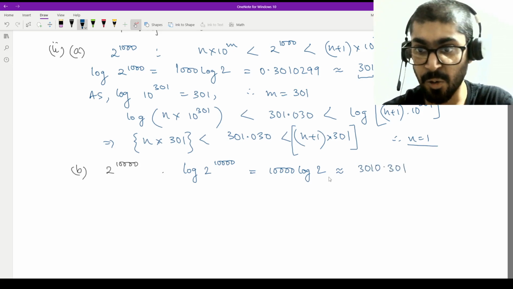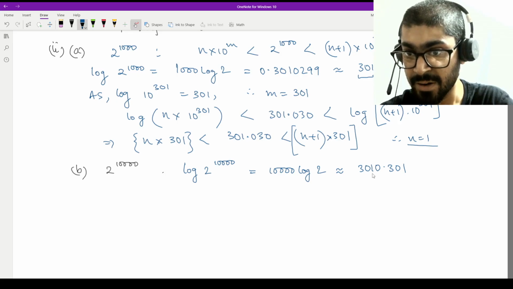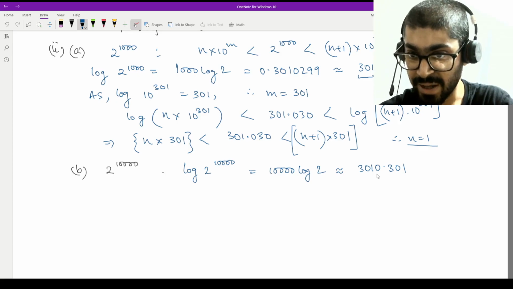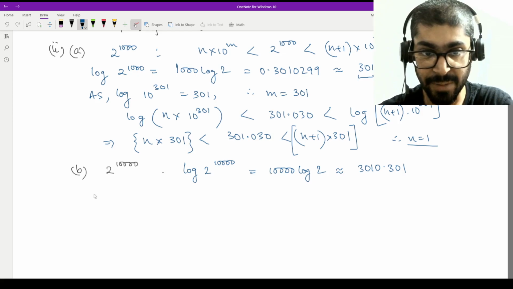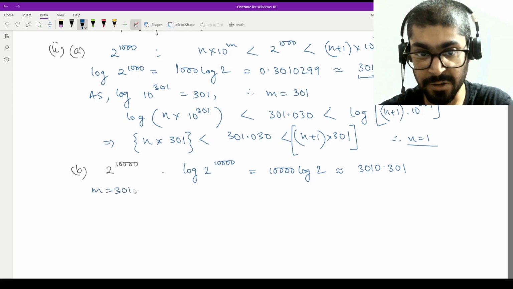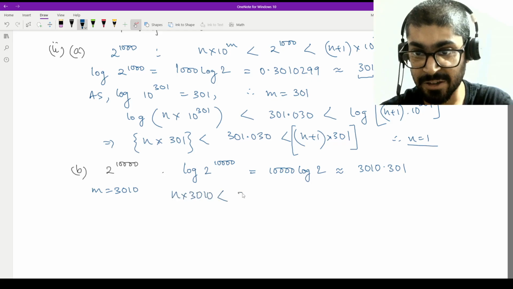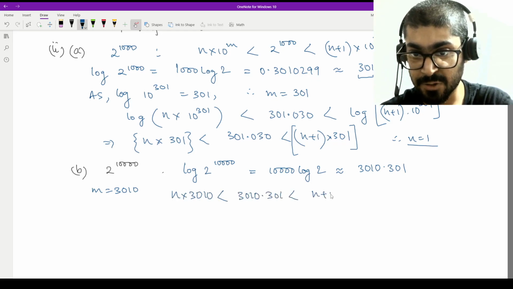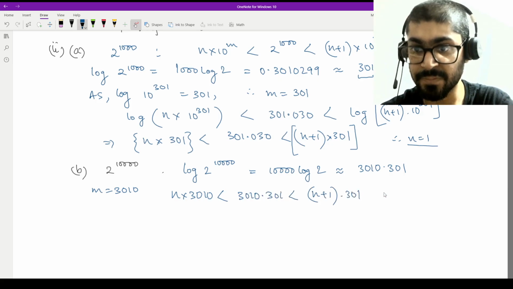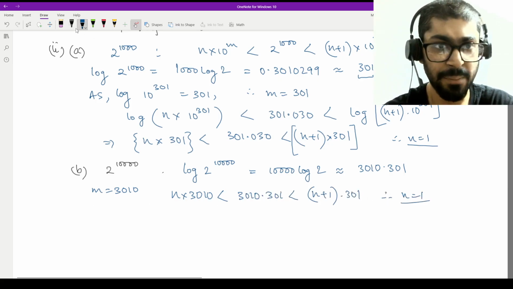Now again I have to keep this number as m, so m equals 3010. Again I set up the equation such that n into 3010 is less than 3010.301 less than n plus 1 into 3010. This gives me again n equal to 1. Similar problem, similar solution.